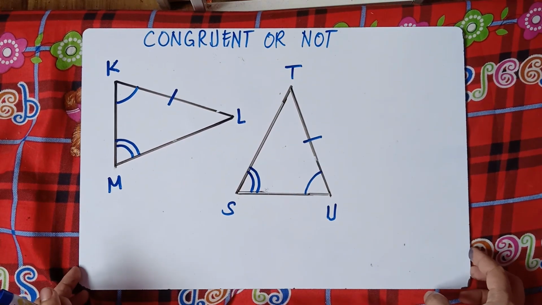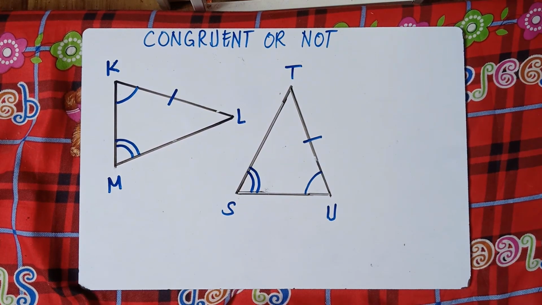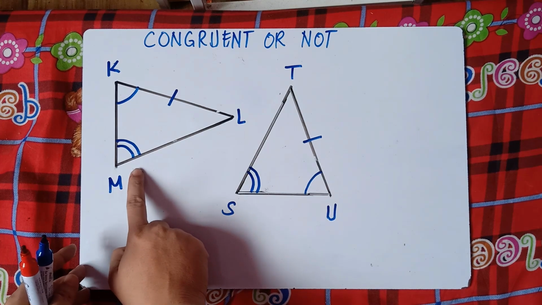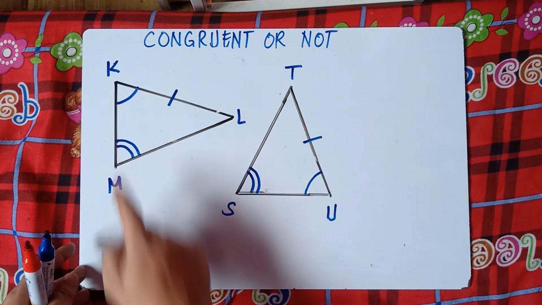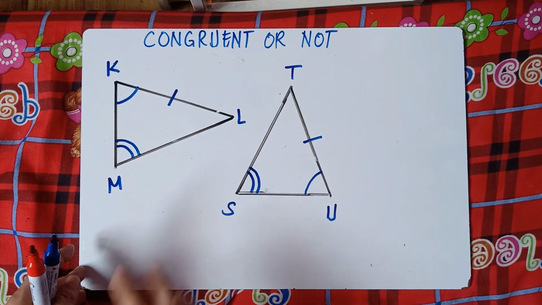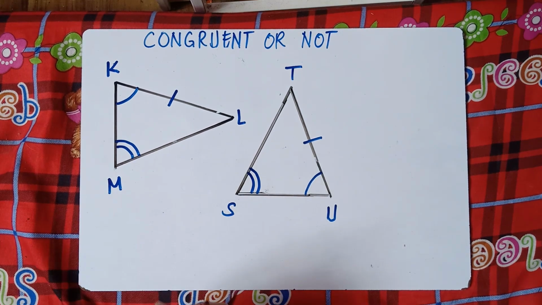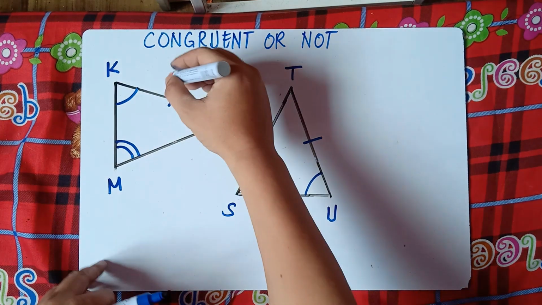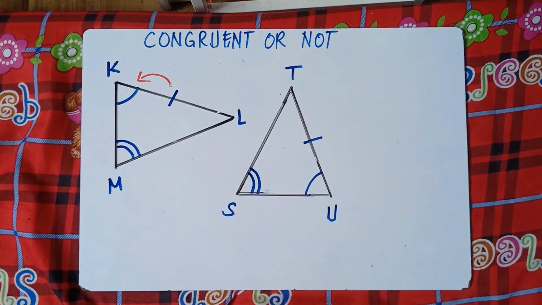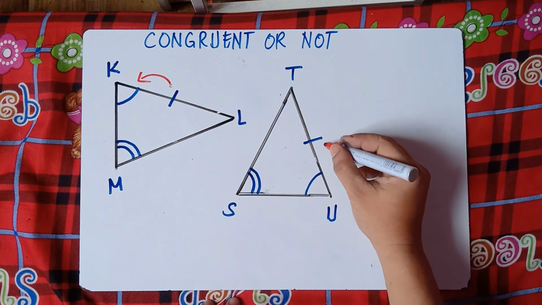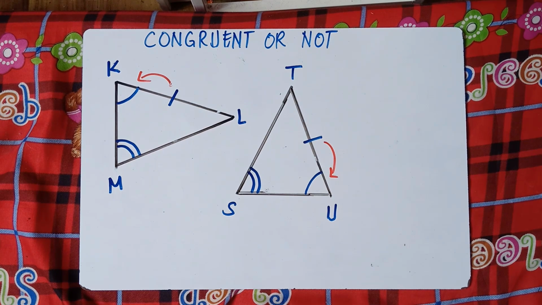Yes, it is outside the given two angles. You check if the non-included side is next to the first marking of the angle or next to the second marking of the angle. So check if this is the same. Yes, the non-included side is next to this given first marking of the angle. Yes, same with here. The non-included side is next to the first marking of the given angle.